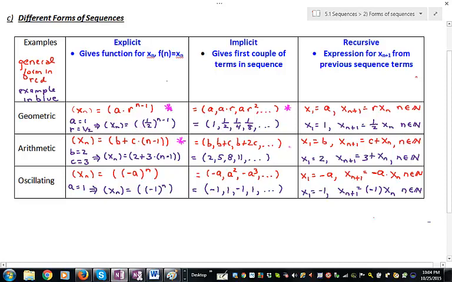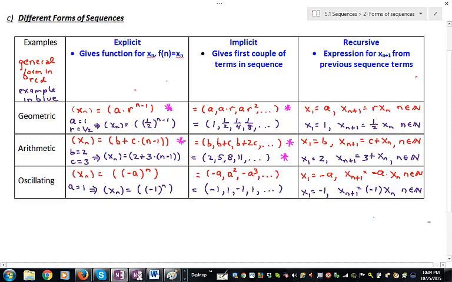The implicit form for an arithmetic sequence would look like this. And if we go back to our example where the first term in the sequence is 2, and then we keep adding 3 to successive terms in the sequence, we would get the following implicit form, and again, we could easily deduce the pattern and go back to the explicit.